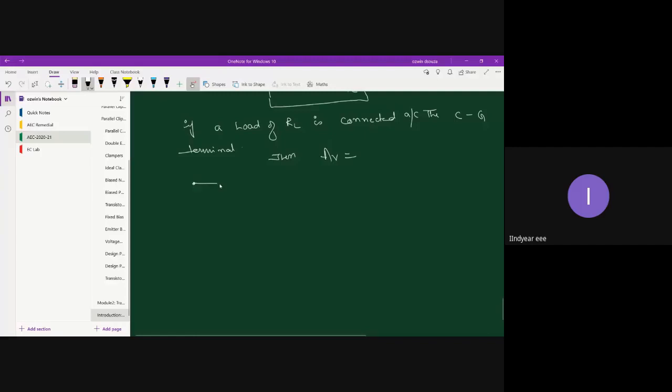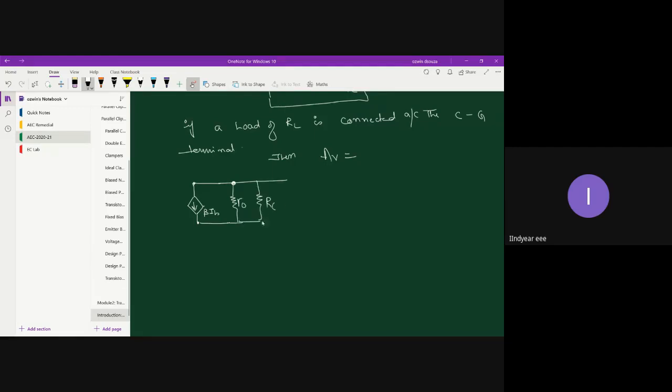It's something like this. Just redrawing the output circuit scenario. Okay, so this is your beta IB. This is your R naught. This is your RC.